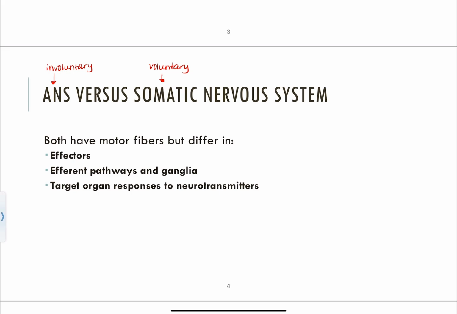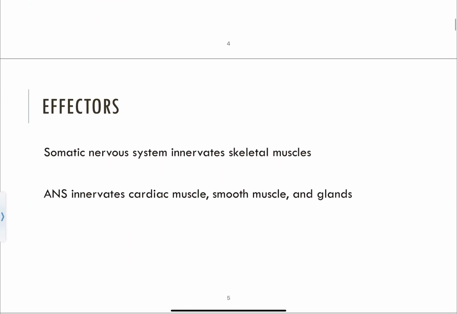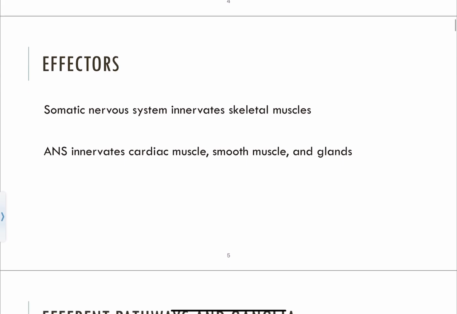When we talk about the autonomic nervous system, the different neurotransmitters can have a stimulatory or inhibitory effect depending on its receptor and its effector organ. So this is what I just mentioned, but I'll go over it again. We talk about the effectors. Our somatic nervous system is going to innervate skeletal muscle. Our autonomic nervous system is going to innervate cardiac muscle, smooth muscle, and glands.